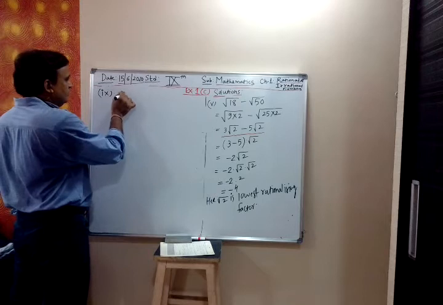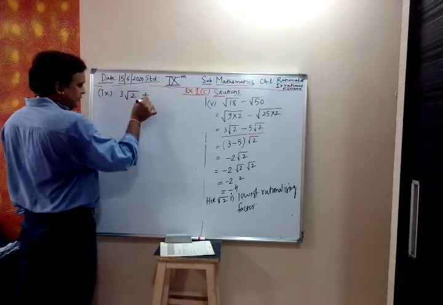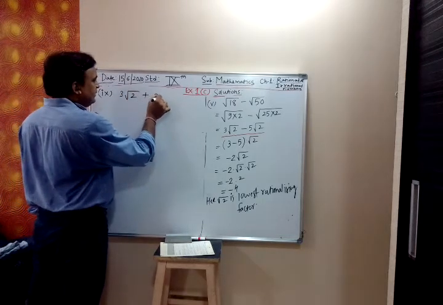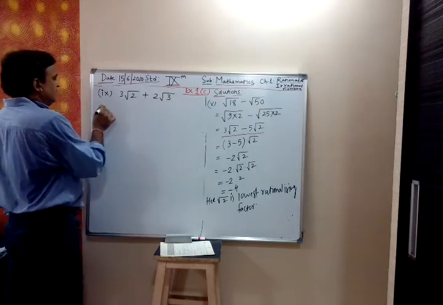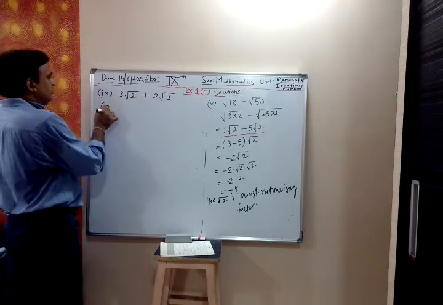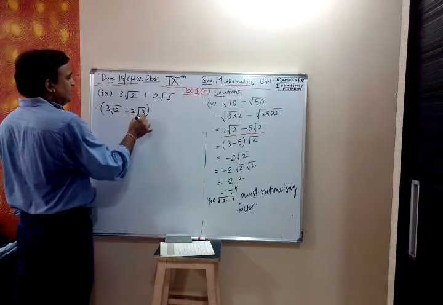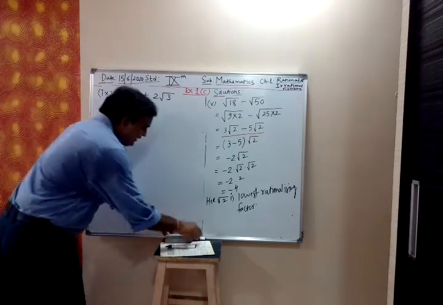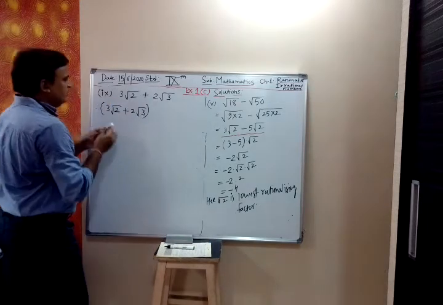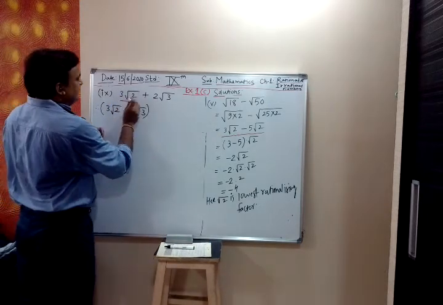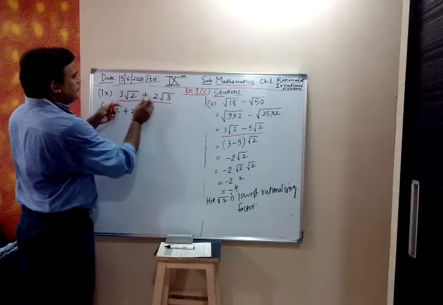3 root 2 plus 2 root 3. So 3 root 2 plus 2 root 3. Is there anything common in these two? This is different. There is nothing common in these two.